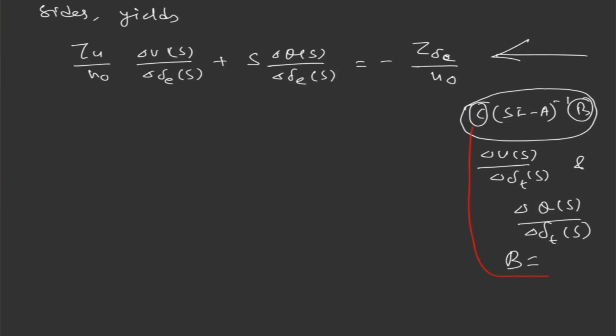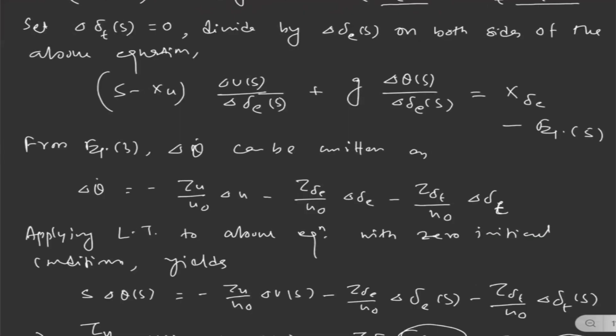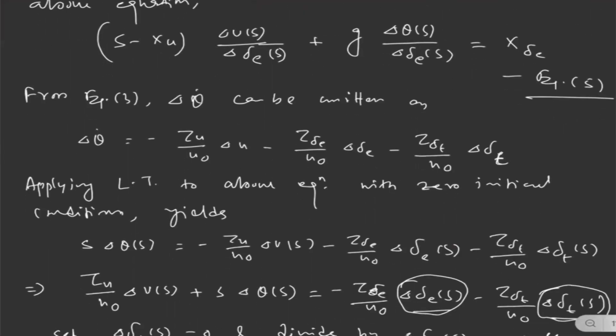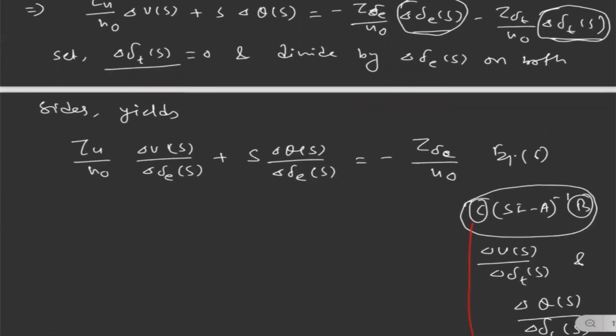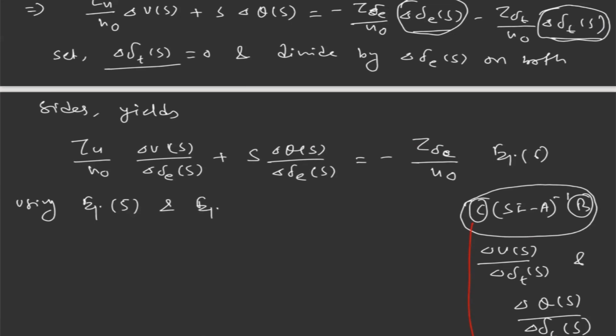So now let's go back to our problem. Here we can form the matrix form. Let me define this equation number. This is equation 5, and this is equation 6. Using equation 5 and equation 6, we can write the equation in matrix form.